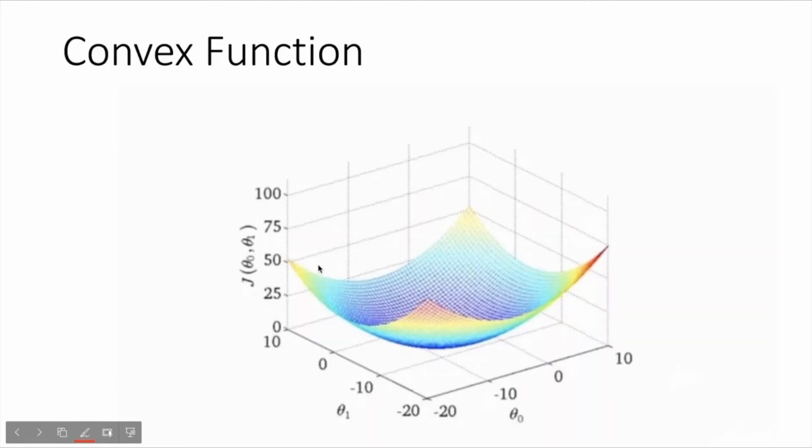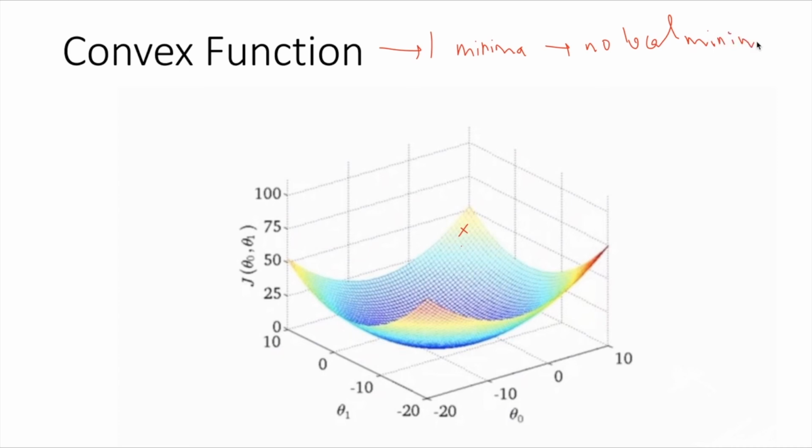Now let's talk about what a convex function is. It is a function which doesn't have local minima or maxima. It just has one minimum, no local minima, only a single global minimum.